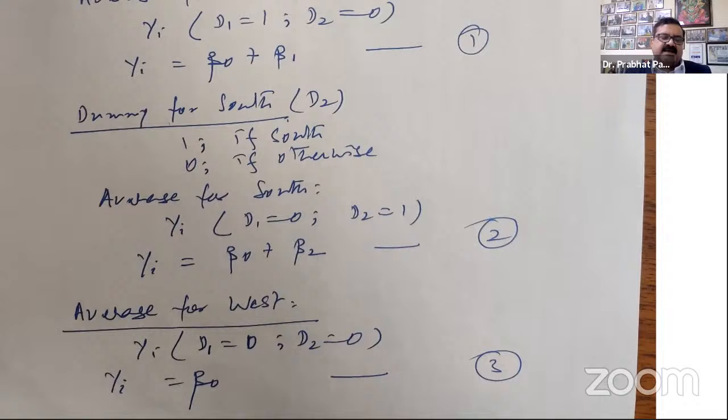You put both at 0, then the average of the west is equal to the value of the intercept. So this is the difference: if you keep the intercept, then the intercept itself becomes the average for the reference. So you don't have to create a dummy for the reference, and that is why it is 3 minus 1, because you are keeping the intercept. But if you don't keep the intercept, then you have to create a dummy for the reference.